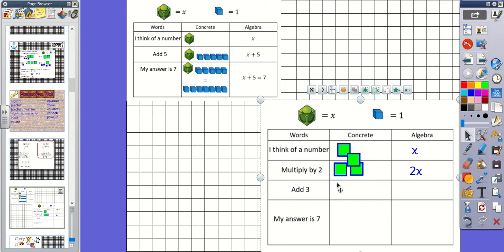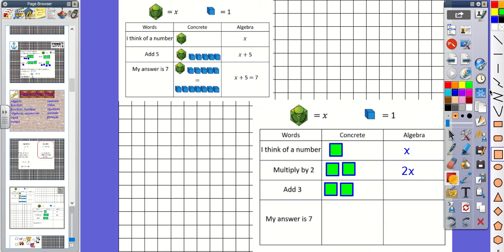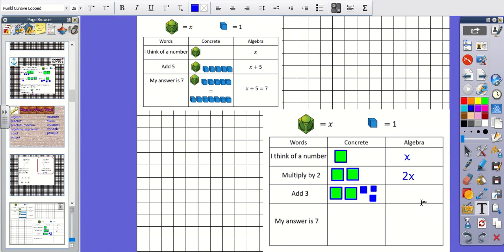Then I need to add 3, but I need to still keep my 2, and I need to add 3 ones. So let's get my squares back up, and let's go for blue, and I'm adding 3 ones. 1, 2, 3. Now that as algebra would be 2x add 3.